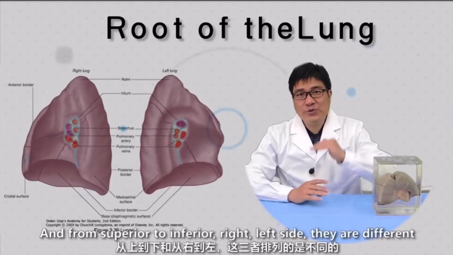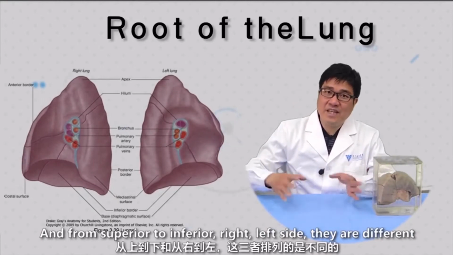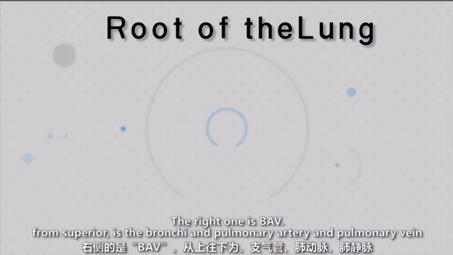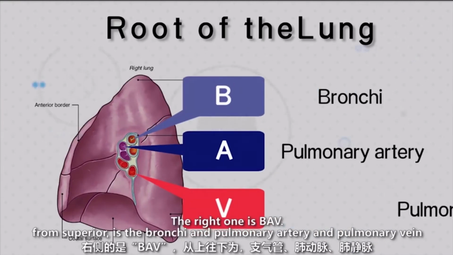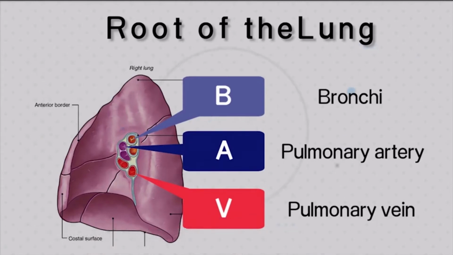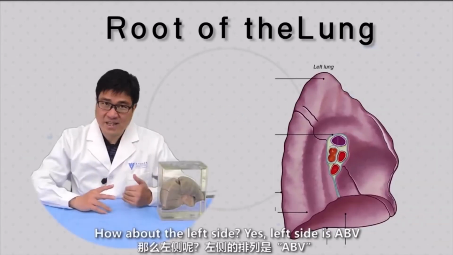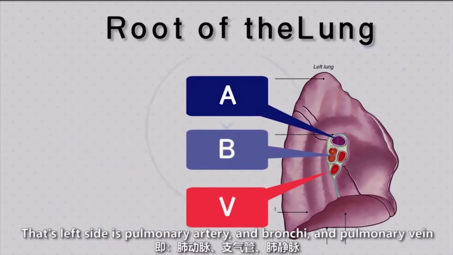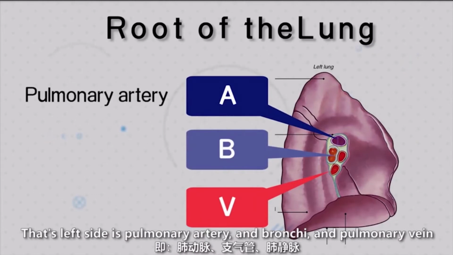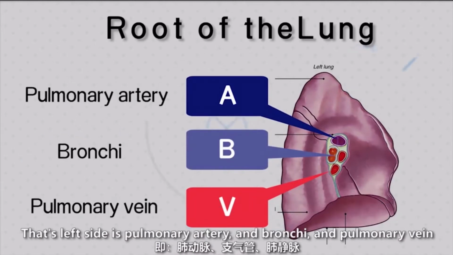From superior to inferior, right and left are different. The right side is BAV: from the top, bronchus, pulmonary artery, then pulmonary vein. How about the left side? The left side is ABV: pulmonary artery, bronchus, then pulmonary vein.